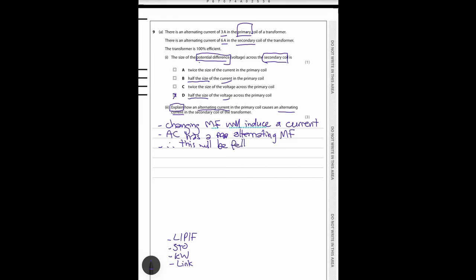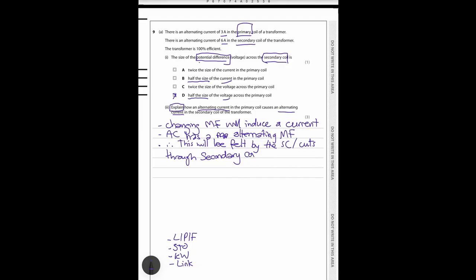I'm perfectly okay to say that. I'm just going to write SC for secondary coil. You could also say it cuts across the secondary coil, or cuts through the secondary coil, and that's more of what you say at A level as well. But at GCSE, if you said felt by, I can't see them being too picky about that.